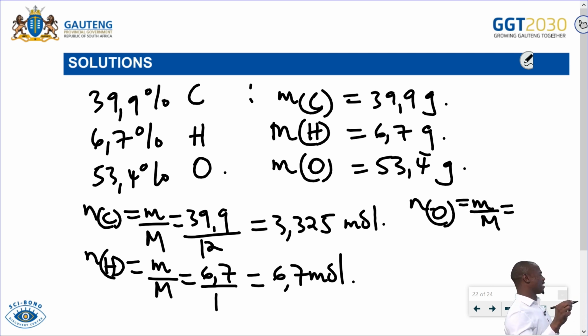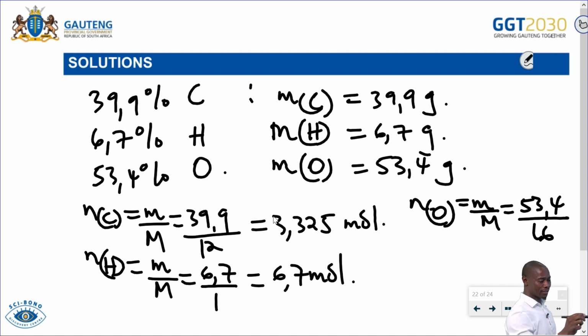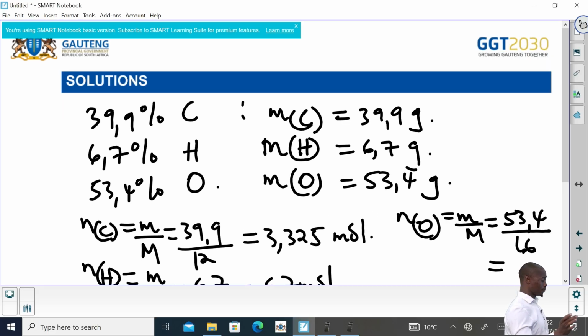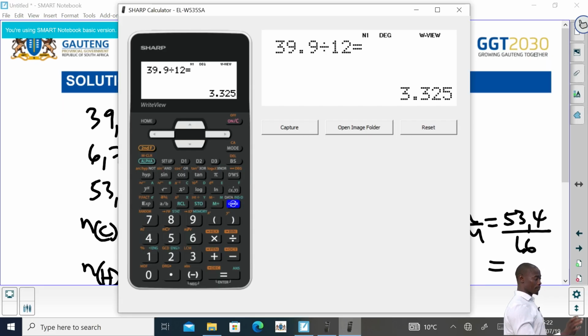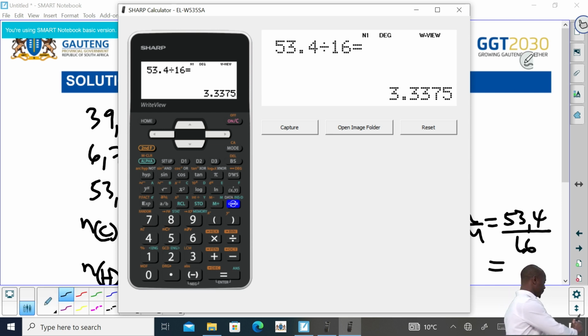The mass is 53.4. The molar mass from the periodic table is 16. What is 53.4 divided by 16? I'm having 3.3375.